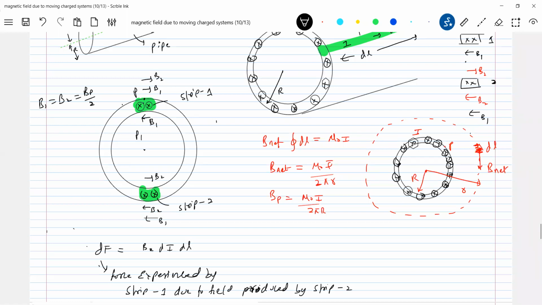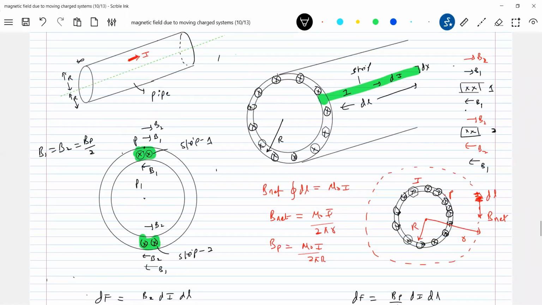Now what can you write? This dF equals B2, and B2 is BP by 2, times dI into dL. Further, what is dI? We should write it. What is the current per unit length? I by 2 pi R, because the total current is I on the surface of the pipe. So lambda will be I by 2 pi R. This is lambda, not any other symbol.